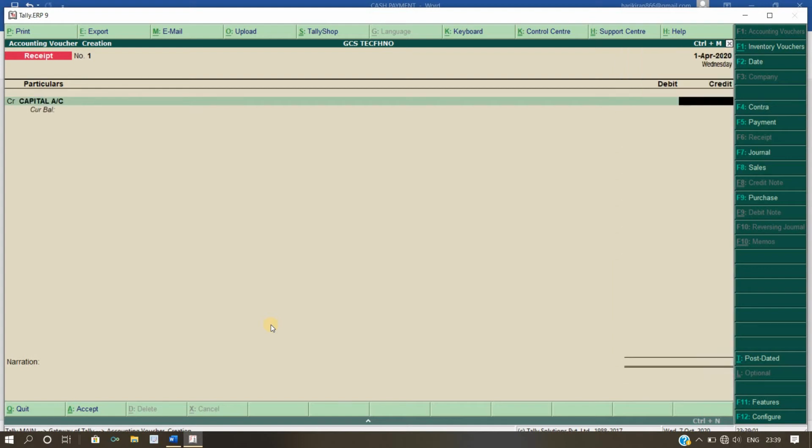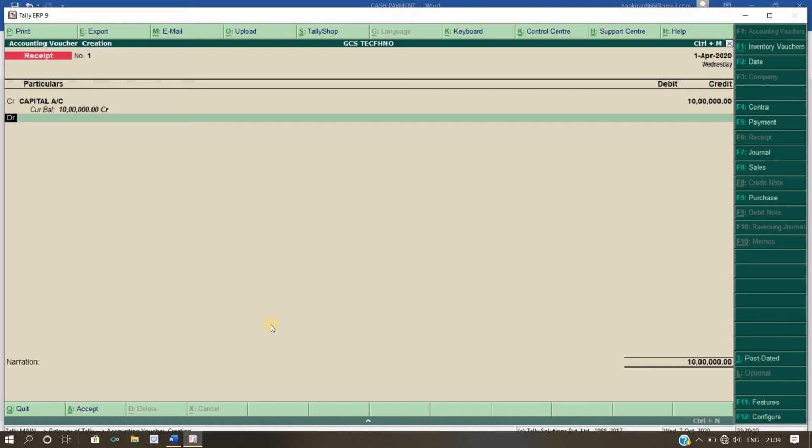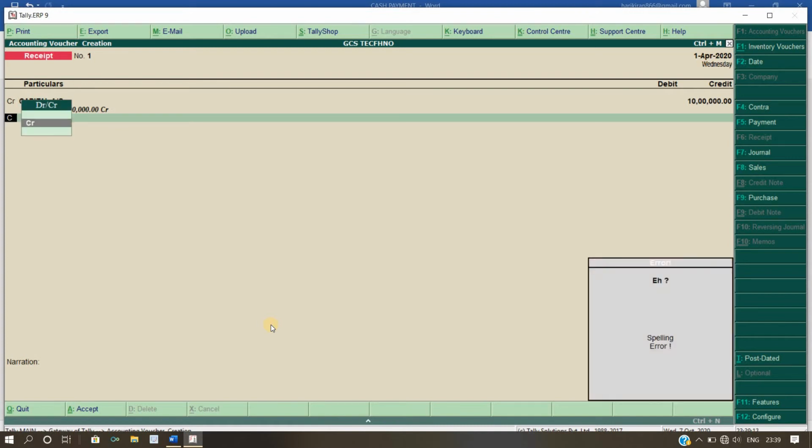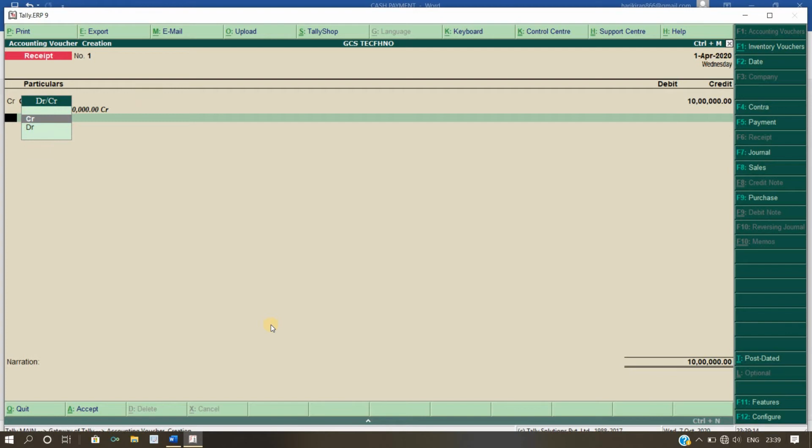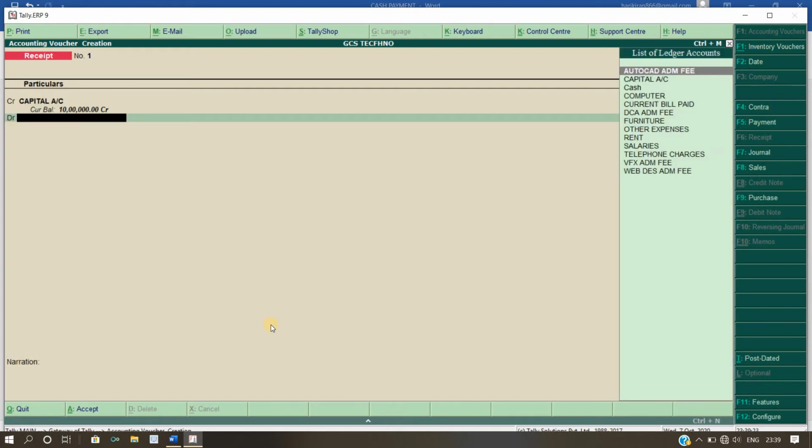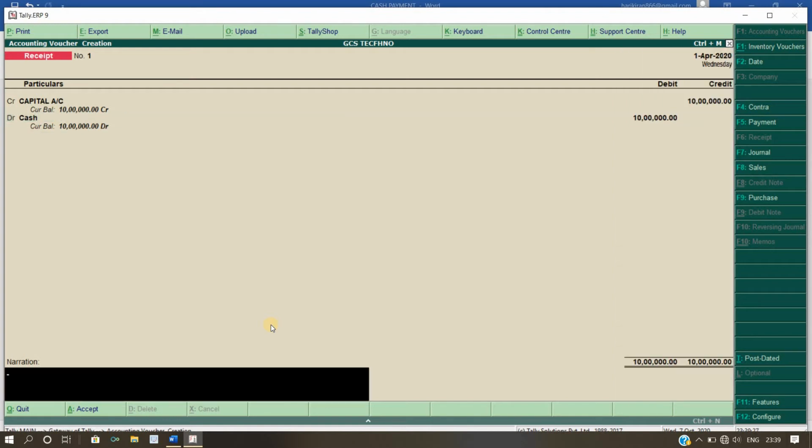Capital account amount is 10 lakhs. And debit we take cash. Okay, and I give here narration as business started.